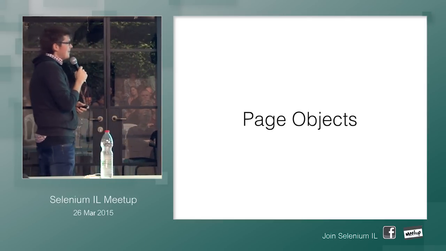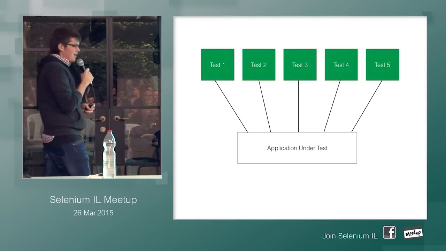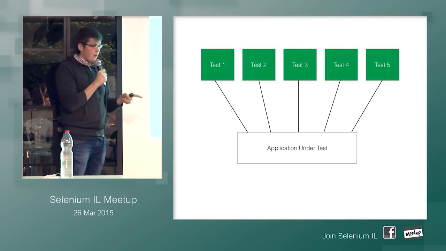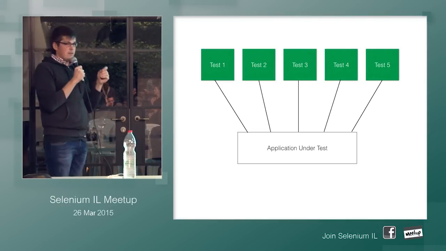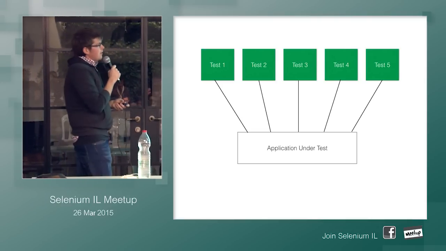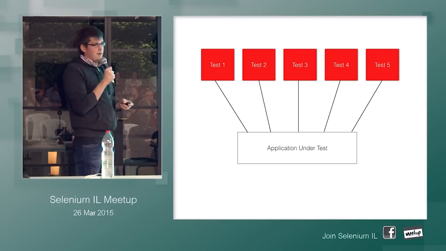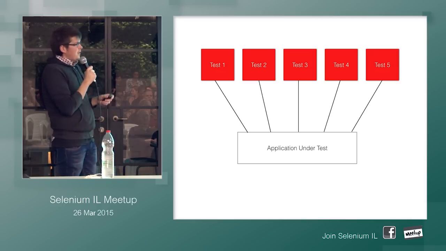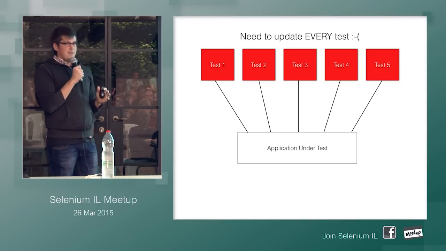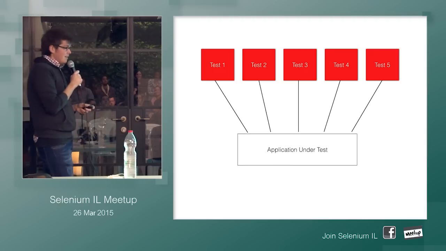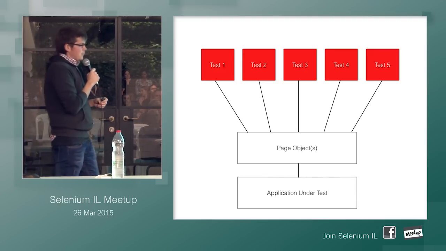All right. Page objects. Okay, so if we keep going the way we're going right now, we will have all these tests written directly against our application. And then they'll fail if the application changes, and we have to go and update all of our tests, and then we'll have a sad face. Instead, what we can do is separate the concern.